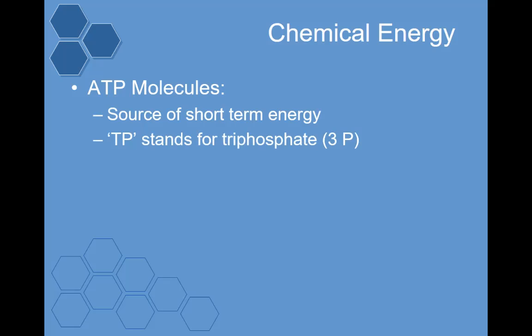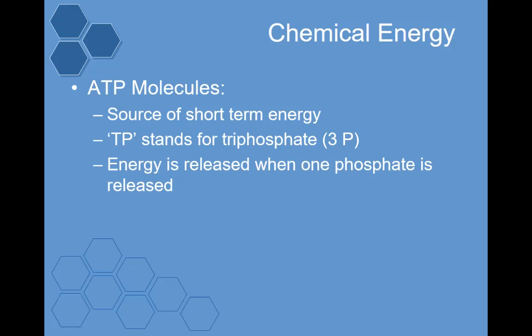The TP portion stands for triphosphate, which means there are 3 phosphate groups, one, two, three, attached to the adenosine molecule. This energy then is released when we break the bond between the second and third phosphate group. Remember, the bonds are where we store that energy. When we break that last phosphate group off, we are left with the ADP molecule.